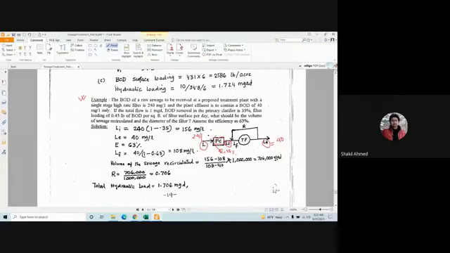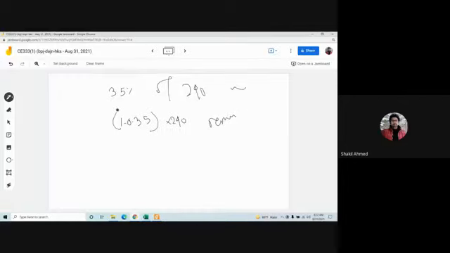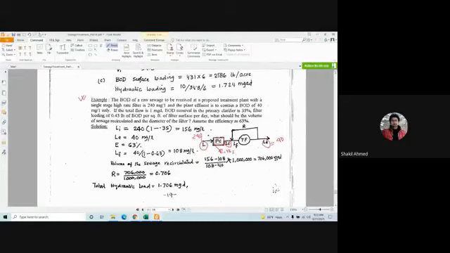240 is entering, 35% has been removed here, gone in the primary clarifier. How much will be discharged? The remaining one. What is the remaining one? 1 minus 0.35 of 240. That will be remaining. So this will be Li for the trickling filter. Clear?